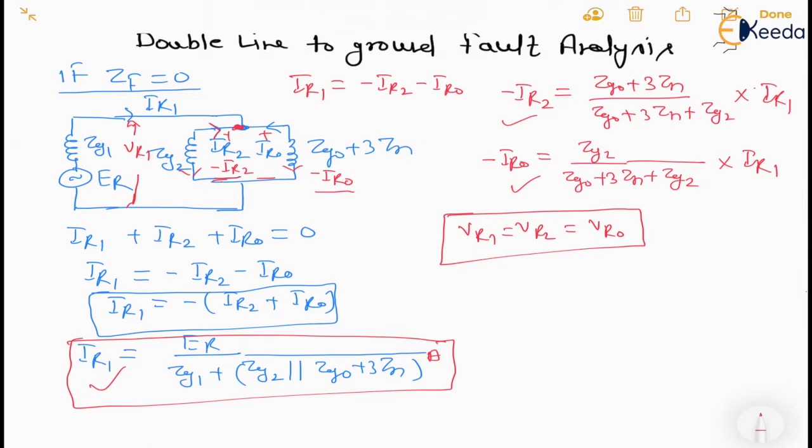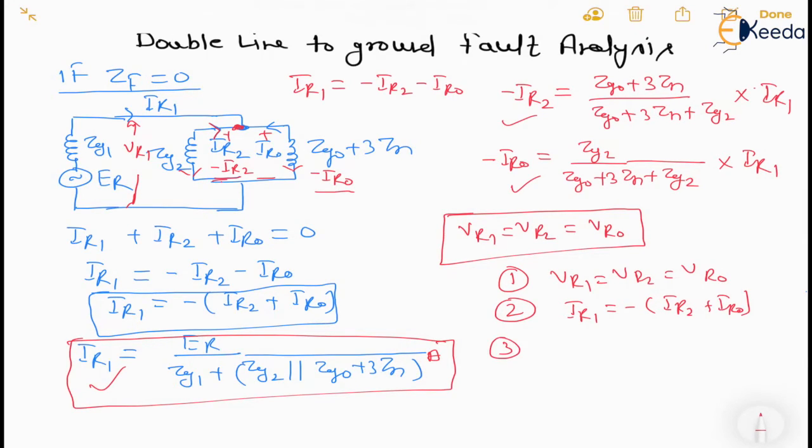What we can conclude from here is, first point, if a double line to ground fault occurs, then all the sequence voltages will be equal, means VR1 is equal to VR2 is equal to VR0, and the current relation will be IR1 is equal to minus of IR2 plus IR0.